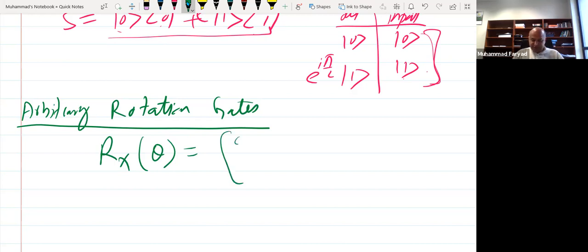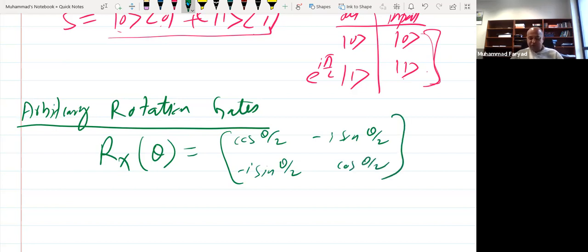So this has this matrix form: cos theta by 2, minus iota sine theta by 2, minus iota sine theta by 2, and cos theta by 2. Now, this form is easier to write if you are familiar with quantum mechanics, where we generate these rotations by exponentiating different operators.